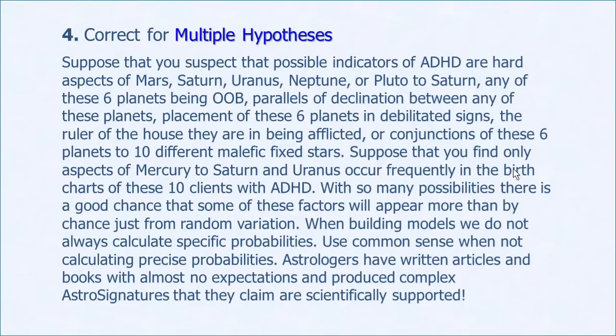We're thinking Moon and Uranus, they might be square, they might be opposition, maybe Mercury, Uranus, or Mercury, Saturn in hard aspect. Maybe these planets are out of bounds, which if you're an astrologer, you're familiar with that idea. Declination is beyond 23 degrees, 27 minutes. Parallels of declination is another idea a lot of us use. Also, the zodiac sign.